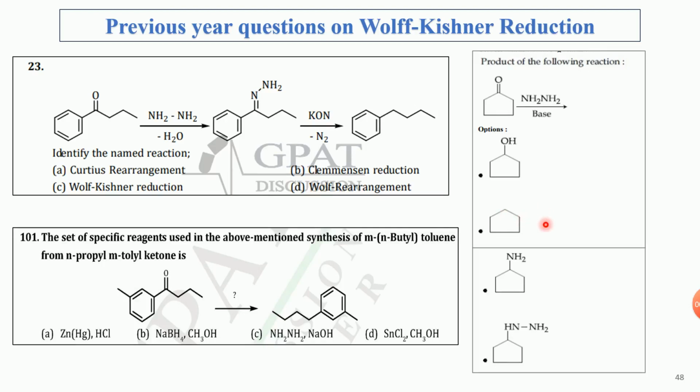So option B is correct, and this reaction is the Wolff-Kishner reduction reaction. Similarly, sometimes Clemmensen reduction is also asked in GPAT and NIPER examinations. So both reactions are very important, and you should know the difference between these two reactions and what exactly is happening in the reaction. That is, the aldehyde or ketone carbonyl functional group is converted into the CH2, that is the methylene group.